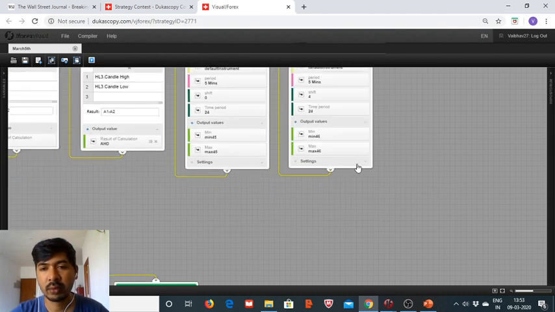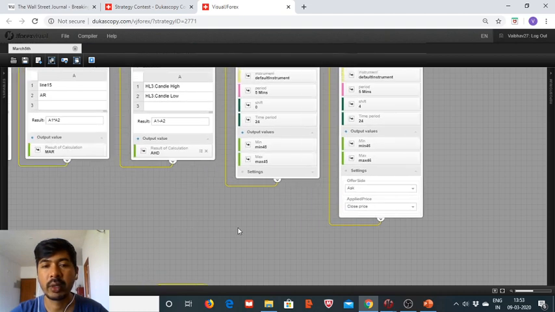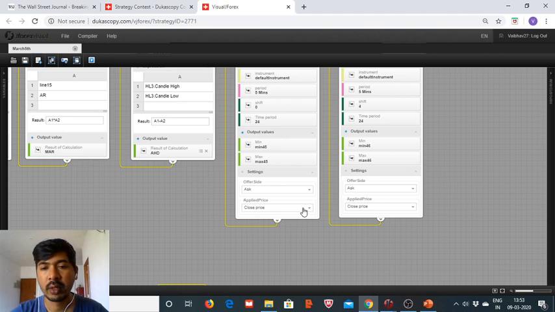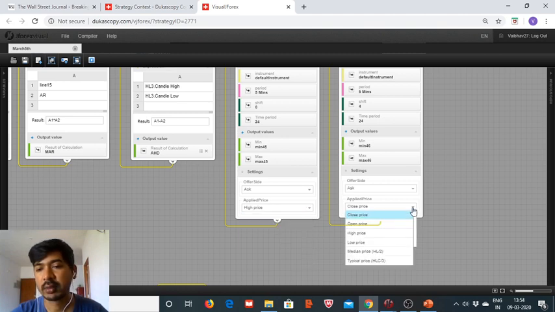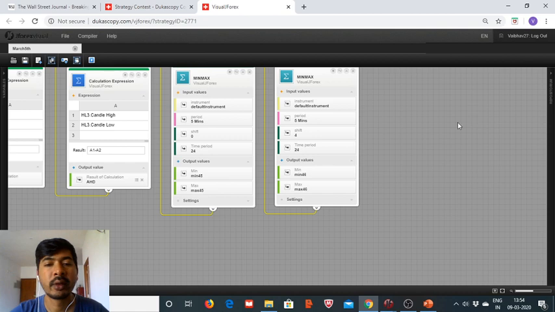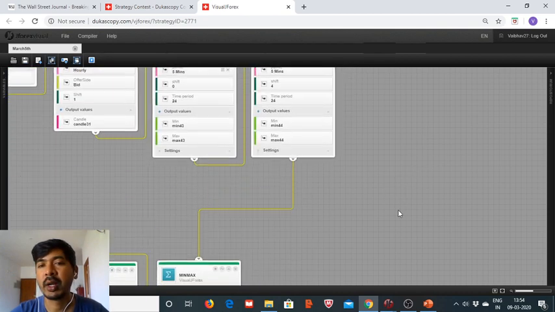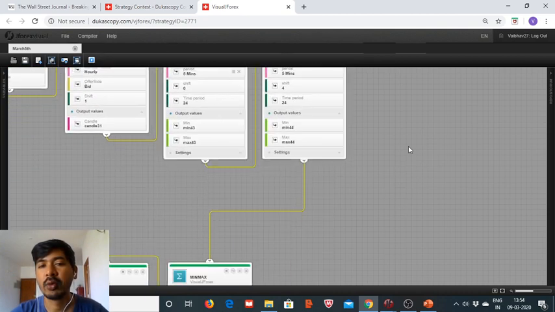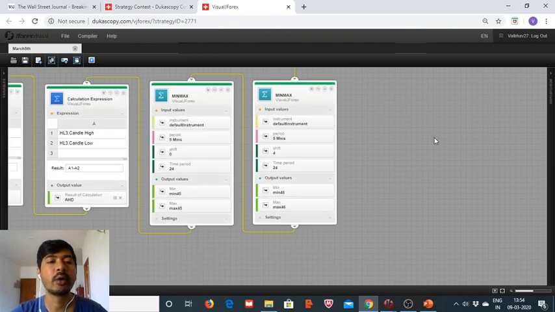So far so good. Here we will change it to ask value while calculating the maxima. We will look for the ask value, and here let's make it highest value, high price. Okay. So while determining the maxima, we will be using ask of the high price, and while determining the low minimum value, we will be using the bid of the low price.